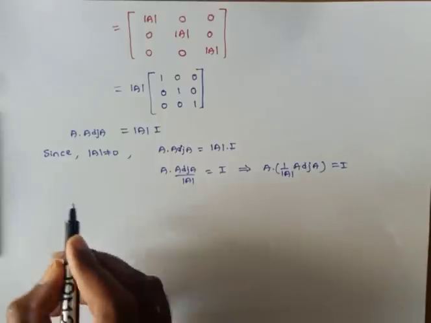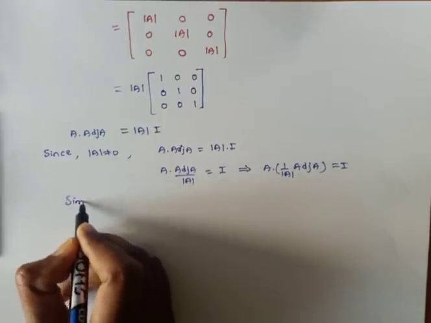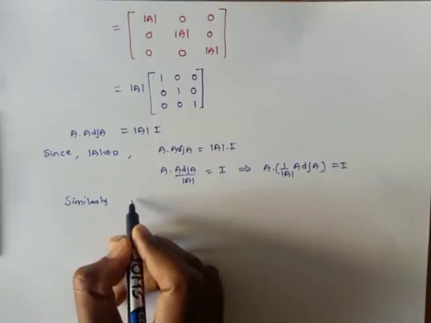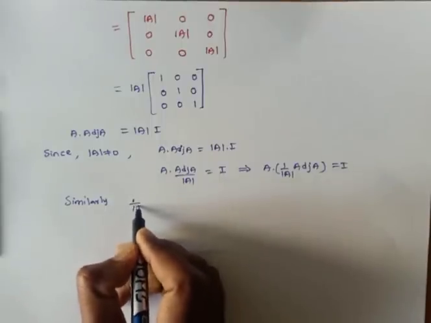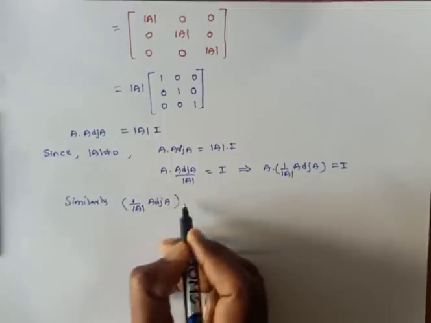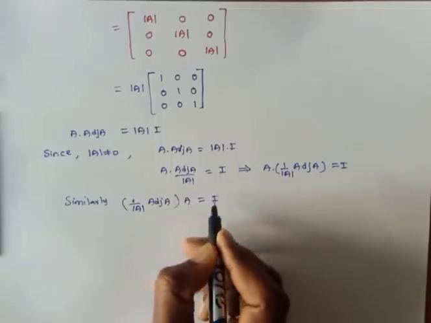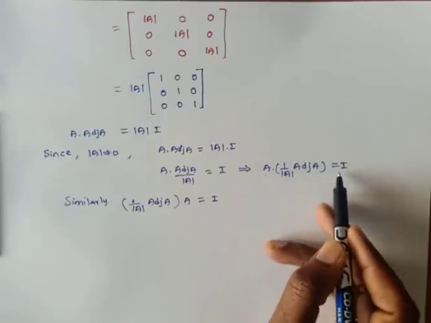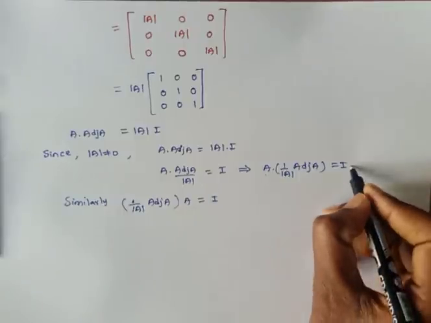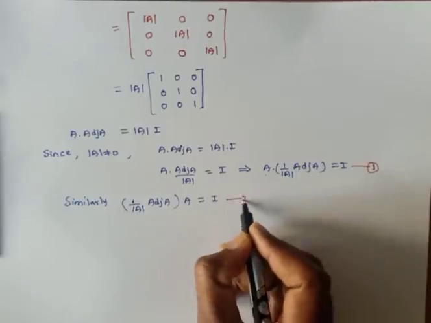In a similar way, we can show that 1 by det A into adjoint of A into A is also I, right? It is A into B equal to I, so B into A is also I, right? Now by using these two relations, observe relations 1 and 2.